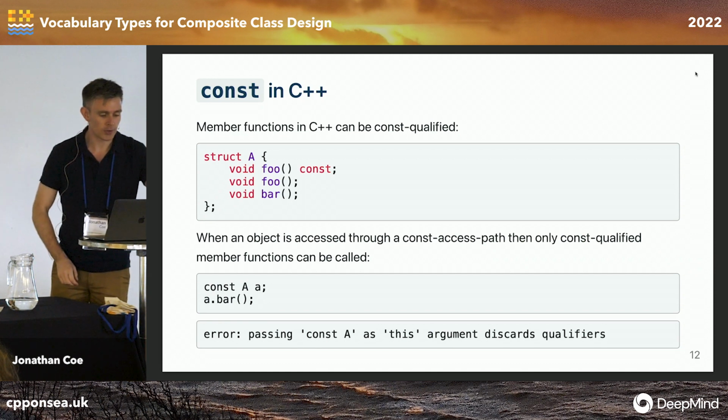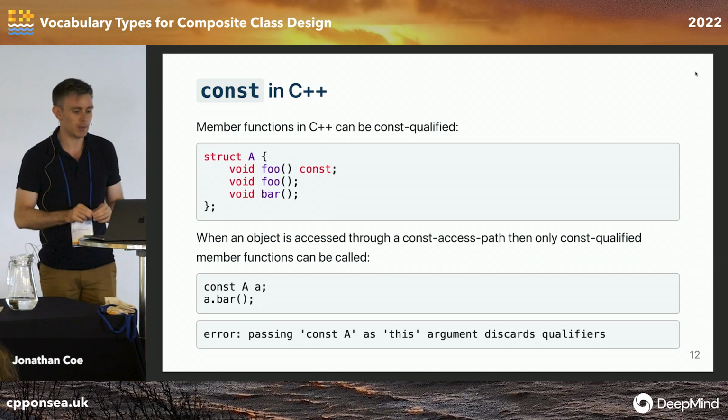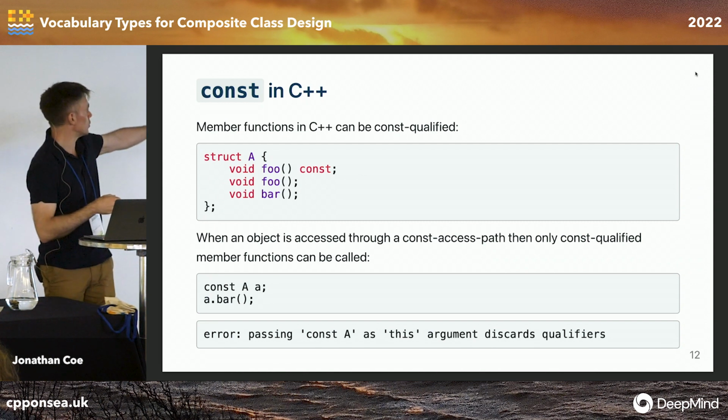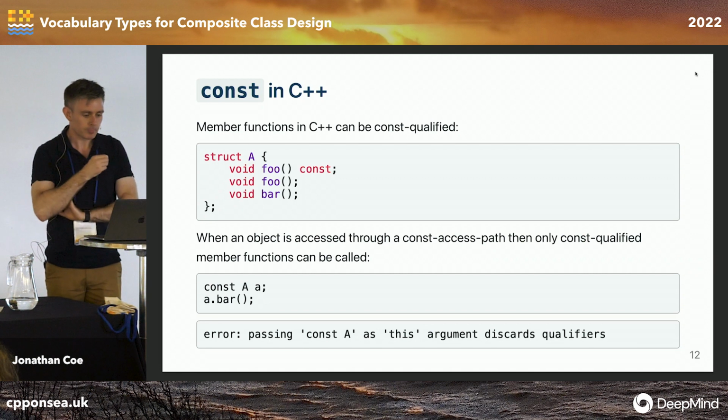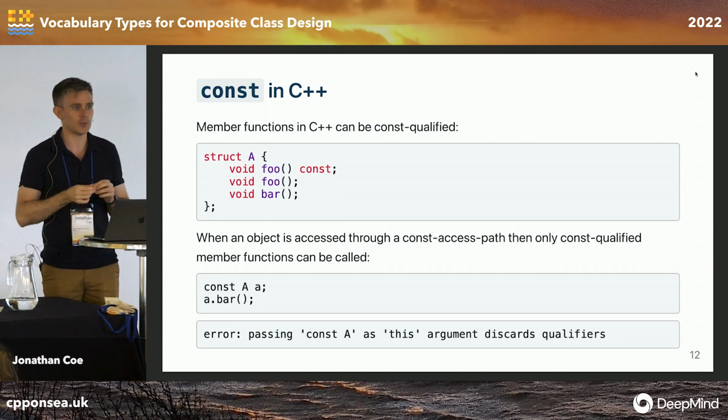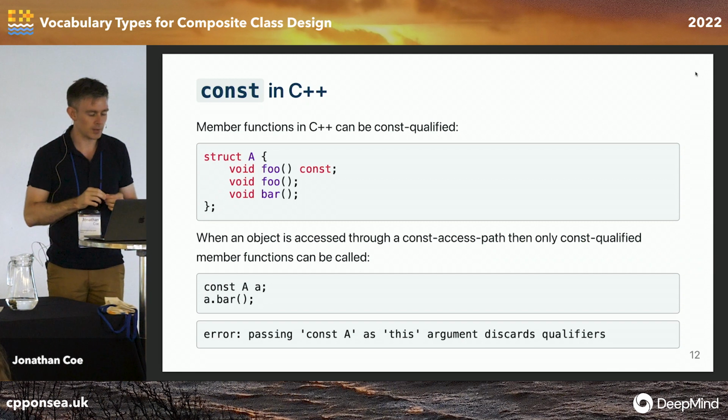Another design concern. Member functions in C++ can be const qualified. So you have this little keyword const stuck on the end. When an object's accessed through what we call a const access path, then only const qualified member functions can be called. And that can be quite useful for forcing invariance and making things immutable.